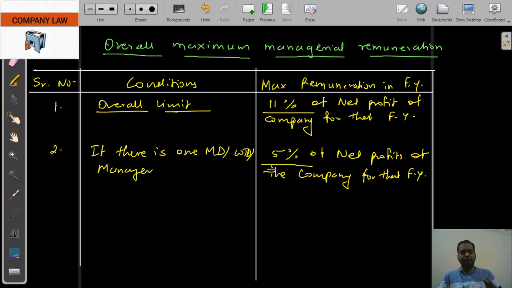Try to understand, the net profit has to be calculated as per section 198 of the Act.